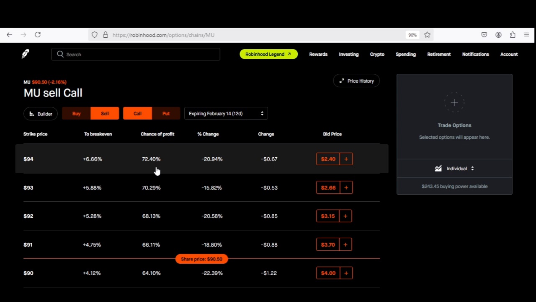That means there's a 28% chance that this trade goes against us. But the chance of profitability is always going to be based on your own personal preferences and tolerance because I just mentioned it. This is a win-win option strategy. So even if the trade goes against us, we still stand to benefit in some form or way.